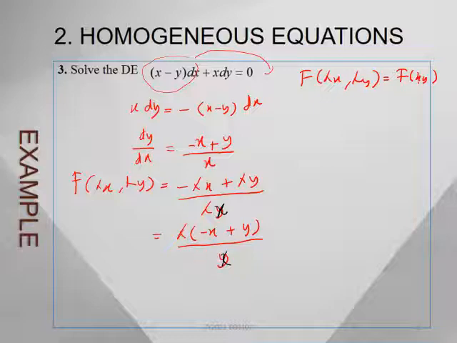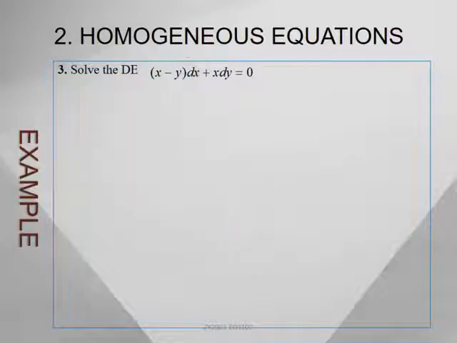Be careful, sometimes they may want to test your understanding, so they give you a non-homogeneous equation, meaning you need to prove it's not homogeneous. Non-homogeneous means you cannot cancel out the lambda. In that case it's not homogeneous. So now we know that f(λx, λy) is equal to f(x, y), so it's homogeneous.